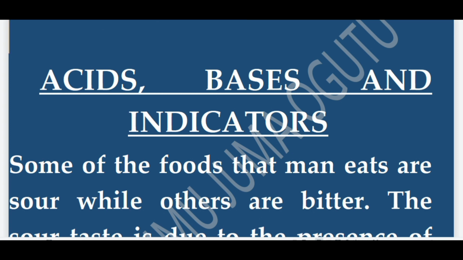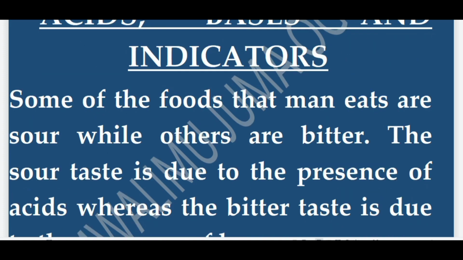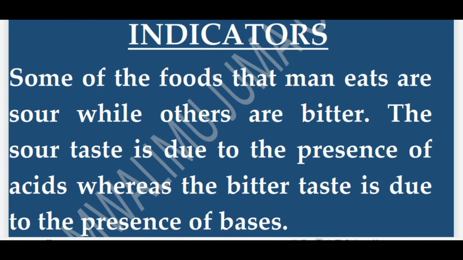So today we are beginning on acids, bases and indicators. We begin by saying that some of the foods that man eats are sour while others are bitter. The sour taste is due to the presence of acids, whereas the bitter taste is due to the presence of bases. Many foods that we consume contain sour taste while others contain bitter taste.